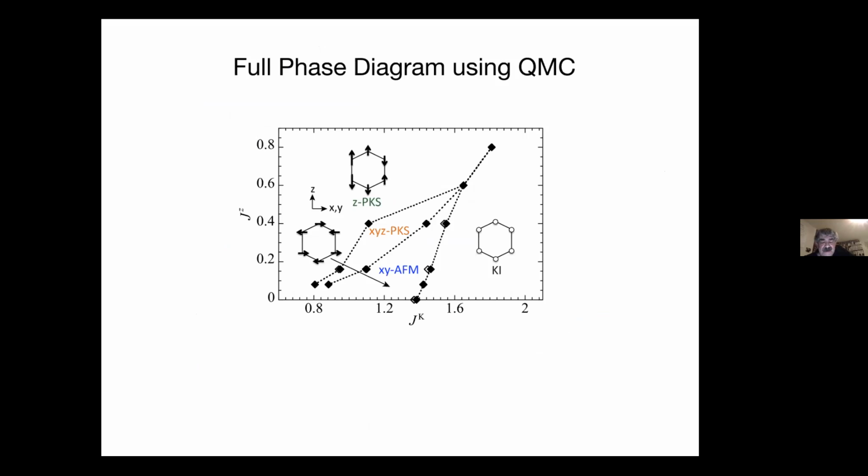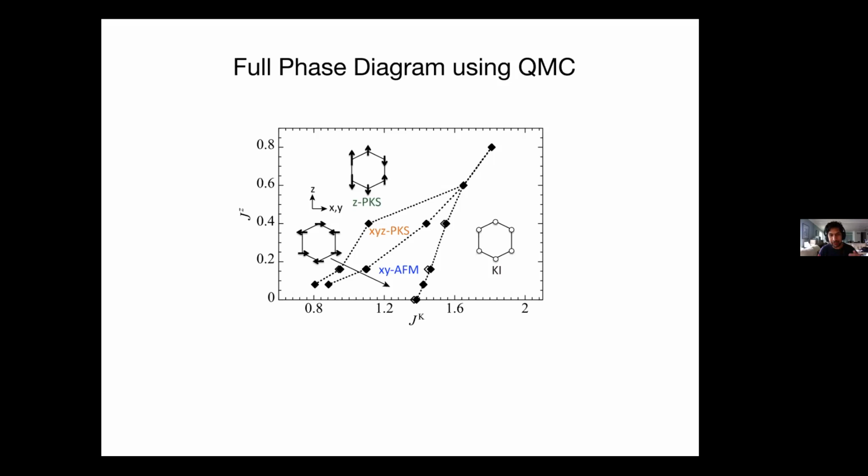The other technical thing: I would think it's extremely hard to accurately compute the frustrated Ising spin system with Monte Carlo. It's not easy, and that's why it took time.